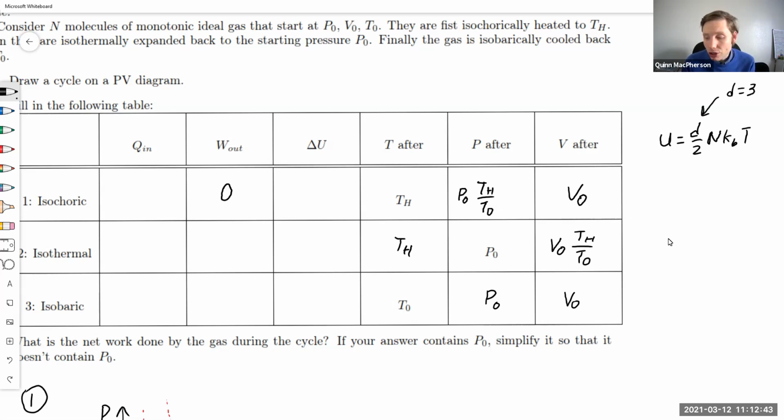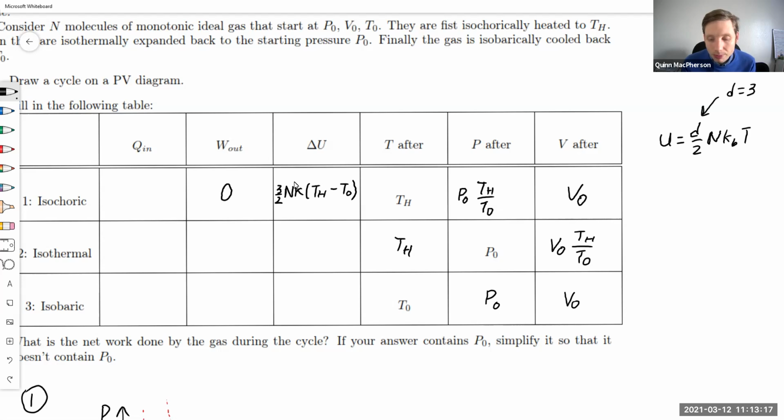So if I want the change in U, well, I'm not going to change d, I'm not going to change N, and I'm not going to change k. So I'm going to be changing temperature, so I can just do this with the final temperature minus this with the original temperature. In other words, the change in U will be 3 halves, because d over 2, N, k, and then I want my final temperature, T hot, minus my initial temperature, T naught.